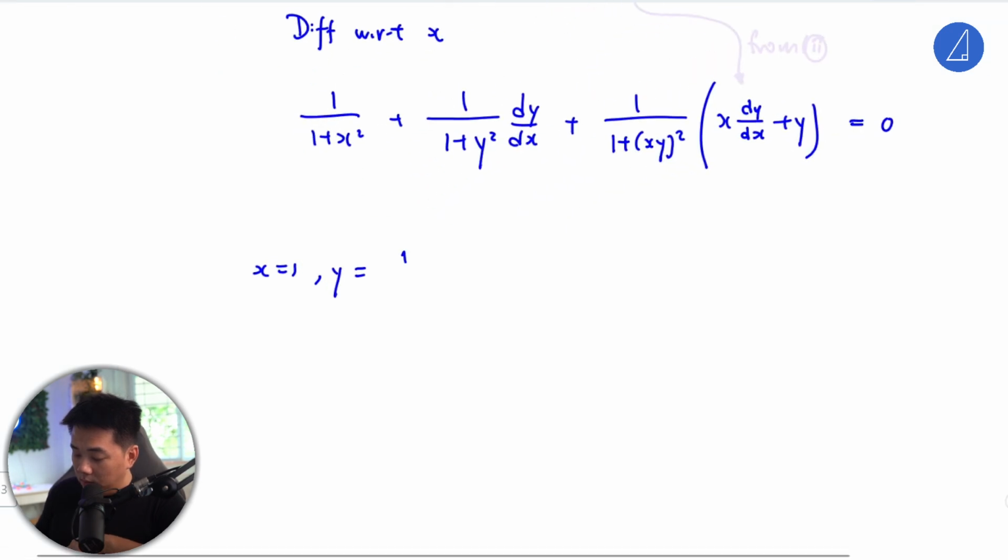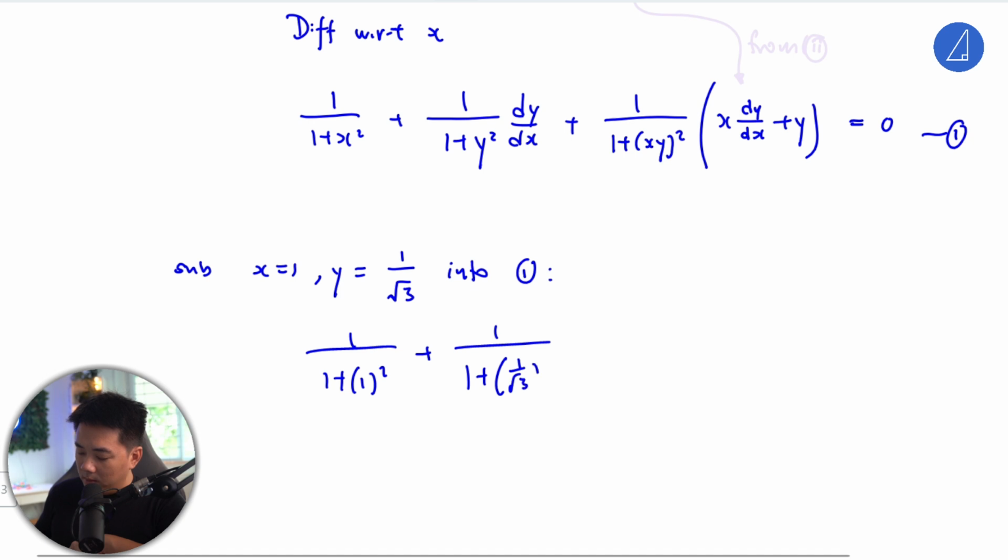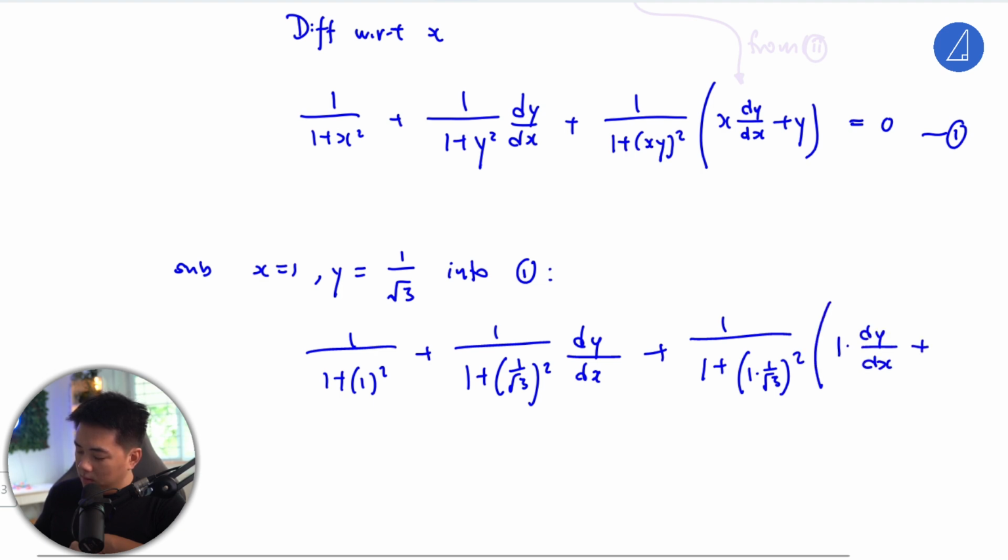So just replace all this in, and we should be able to find our dy/dx. So it's 1 over 1 plus 1 squared, plus 1 over 1 plus 1 over root 3 squared, times dy/dx, plus 1 over 1 plus 1 over root 3 squared, times 1 times dy/dx plus 1 over root 3, equals 0.